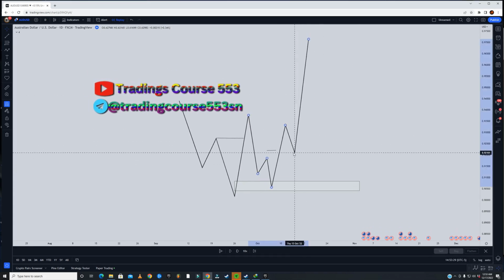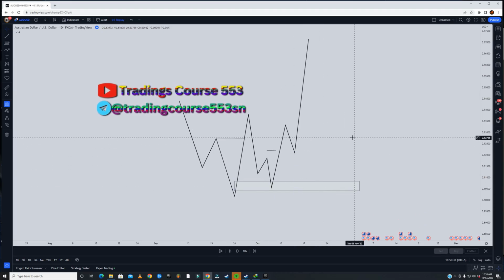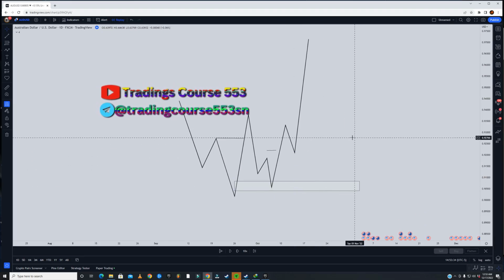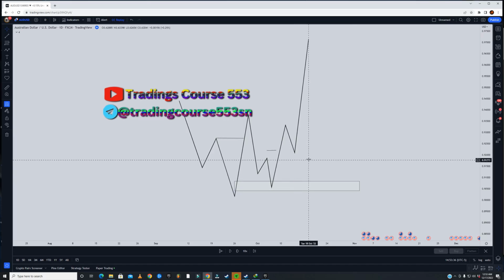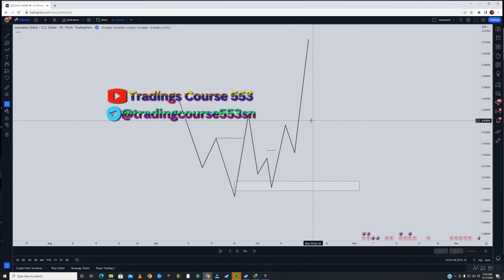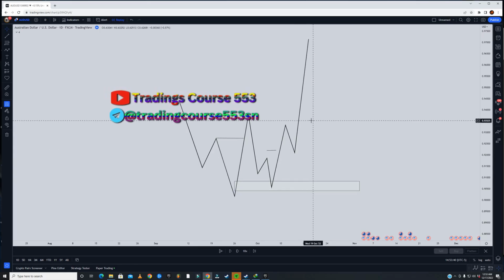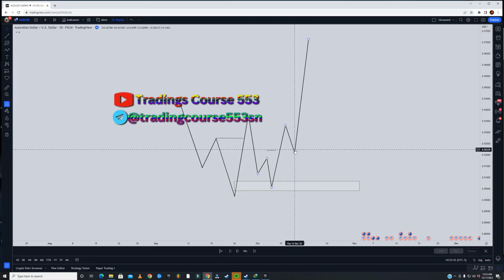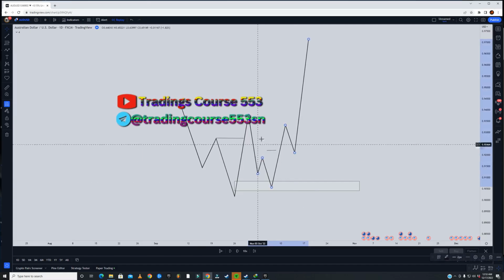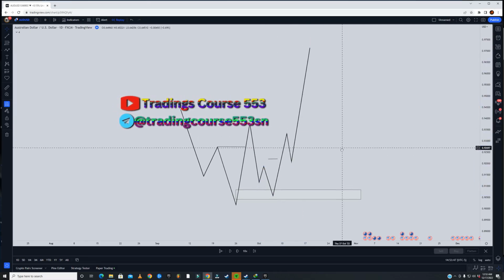So this can happen and you are going to miss out on the trade. But the plus point of this is that you're going to get a better risk reward, and you're also going to increase your win rate. So make sure that you take this into consideration.